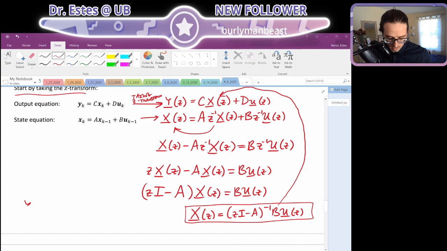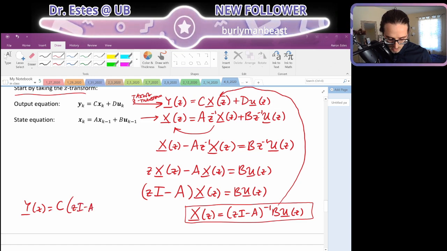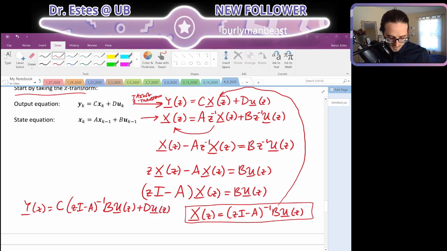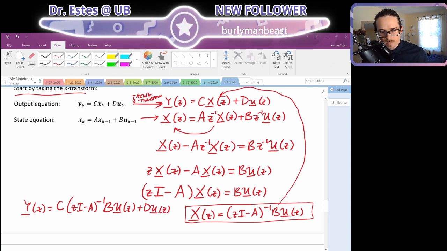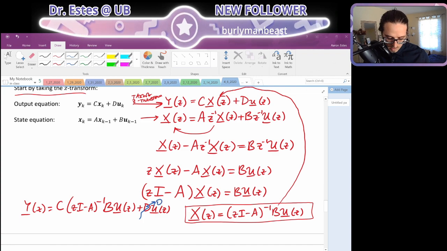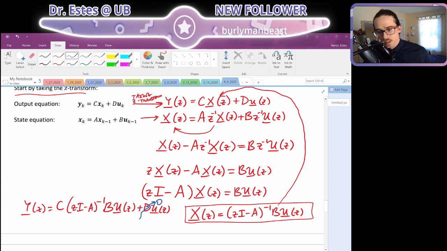So that means Y(z) is C times (zI minus A) to the minus 1, times B, times U(z), plus D U(z). And usually D is 0, so I'm just going to assume that it's 0 in this case.